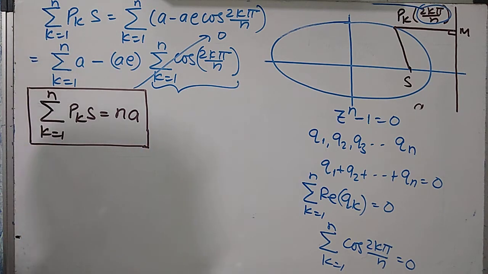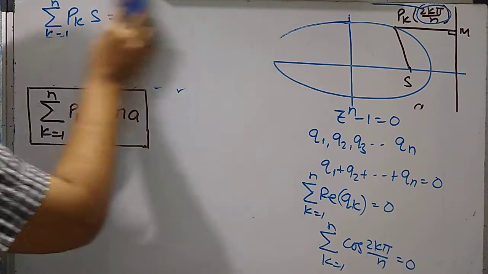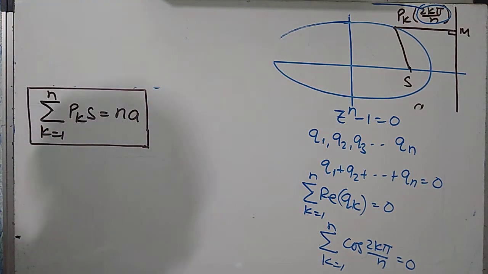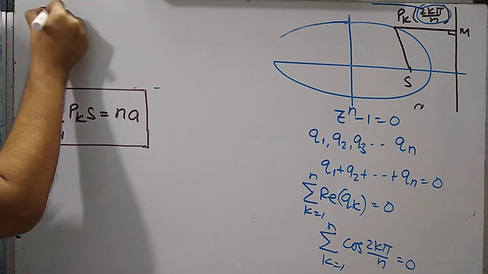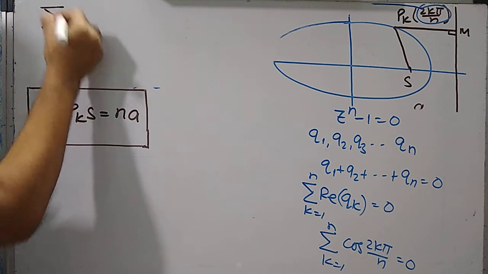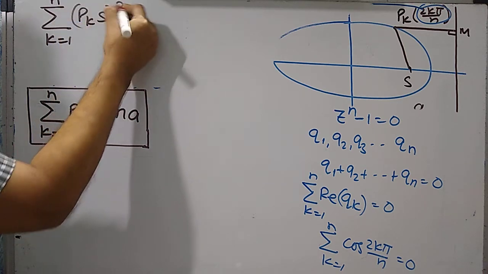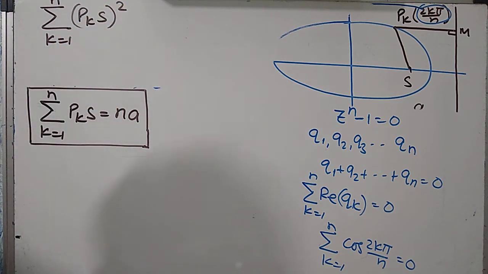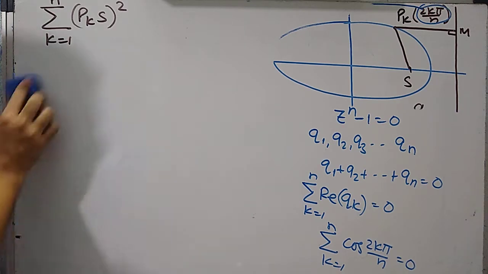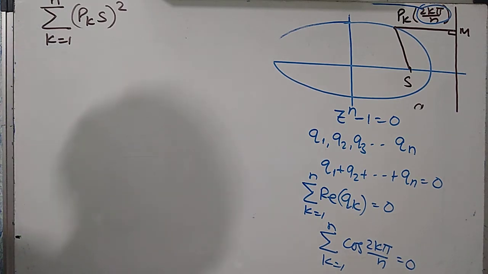Now see the second part. The second part is we have to find sigma k equal to 1 to n of pks whole square. So we have to find it out.